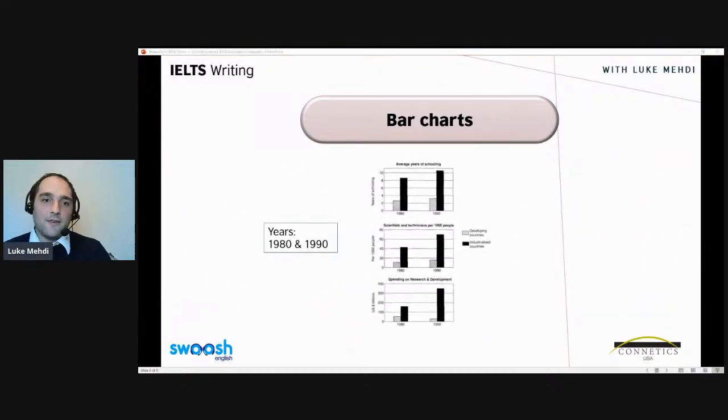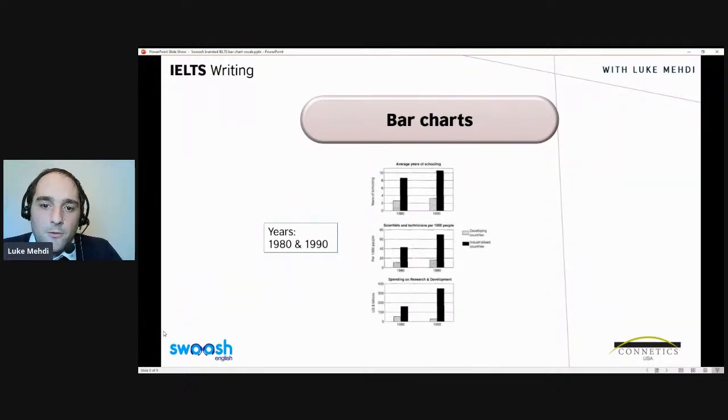Okay. The other thing that I wanted to mention today was this very dangerous line graph vocabulary. If we look at this task here, it's a little bit small, but the years there are 1980 and 1990.